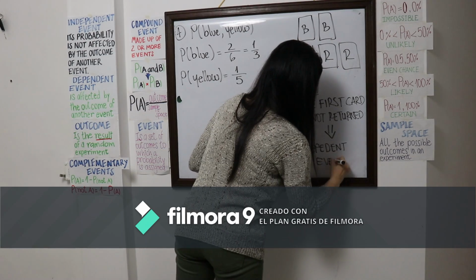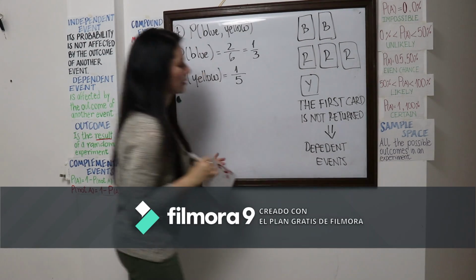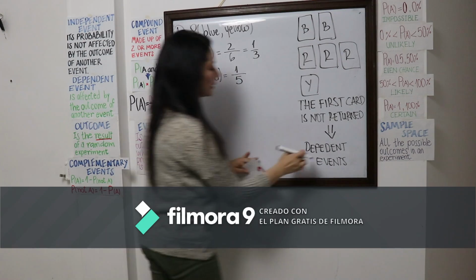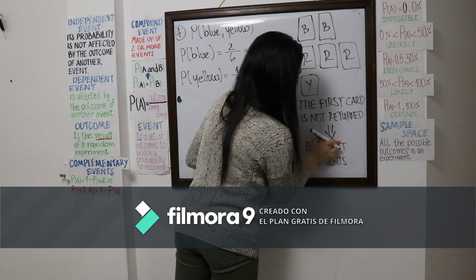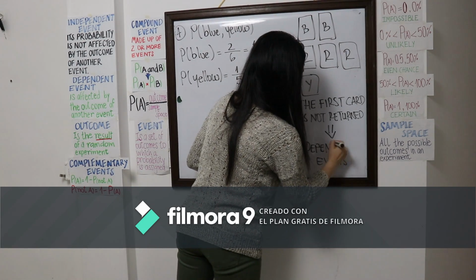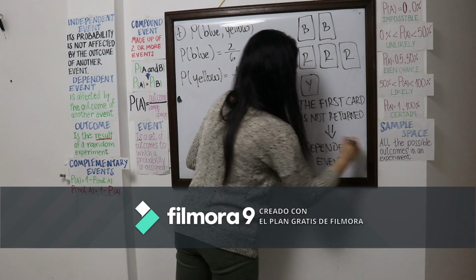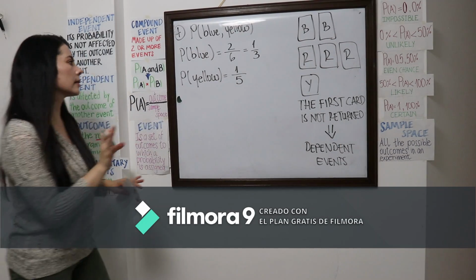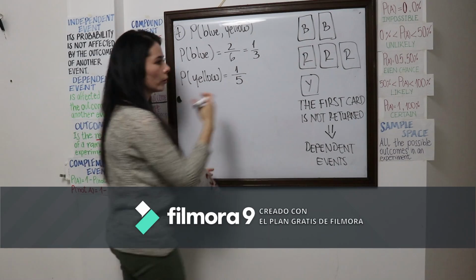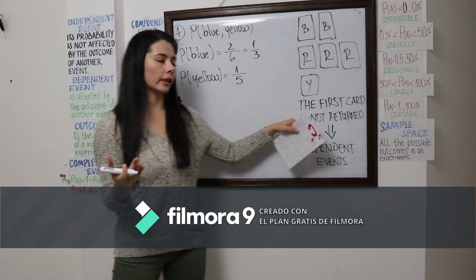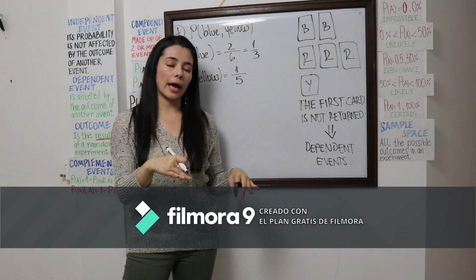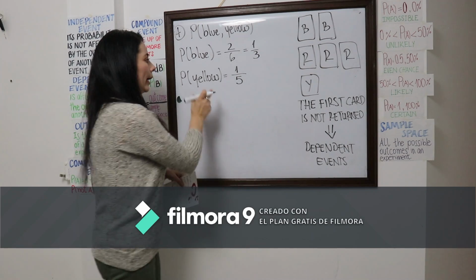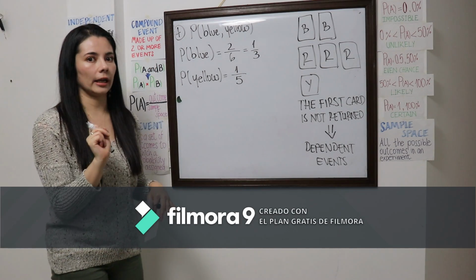And that's what happens when we have dependent events. When we have dependent events, well, the total is going to change. Because if I'm not returning the first card, I'm always going to have a different total in the second card, right? You got to keep that in mind.